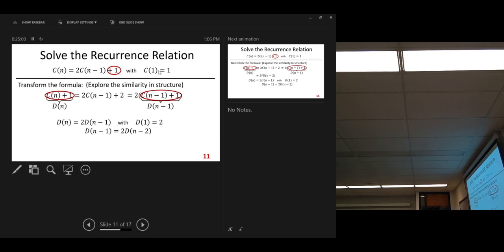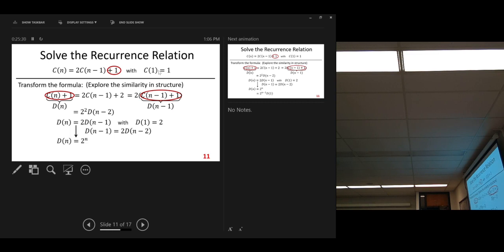The base case. Now let's replace d of n minus 1 by 2 times d of n minus 2. So 2 squared times d of n minus 2. How about that?